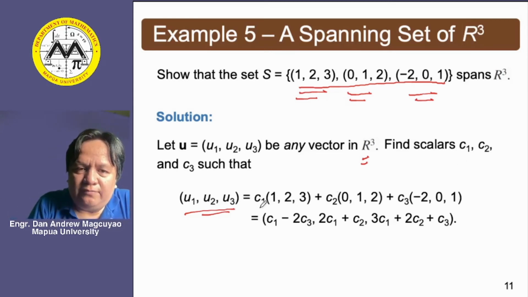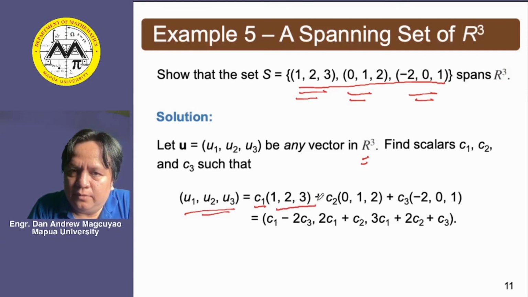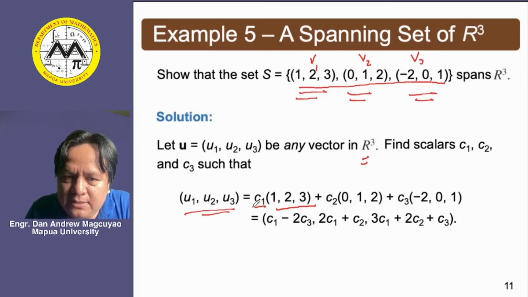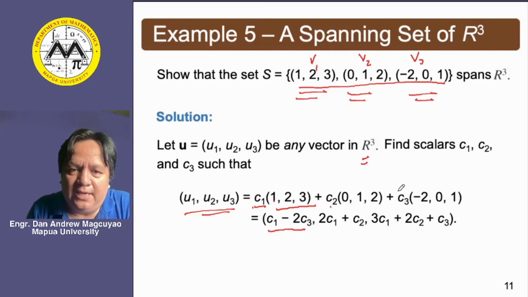So again, we have C1 times V1, C2 times V2, and C3 times V3. So that would be 1 C1 plus 0 C2 minus 2 C3, and that would be this first element.